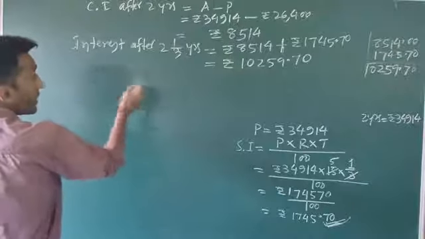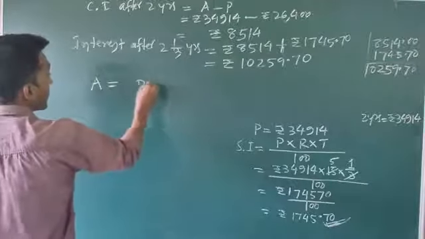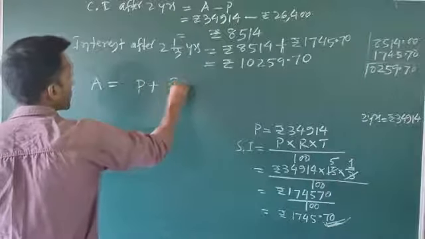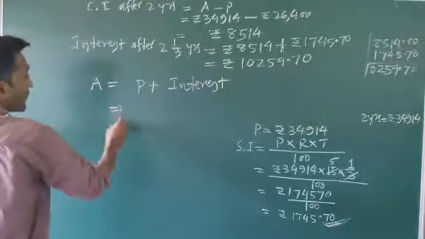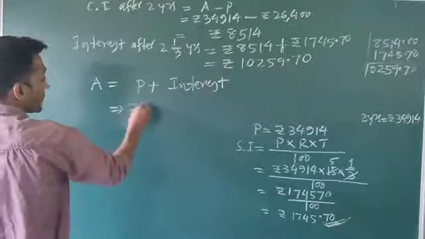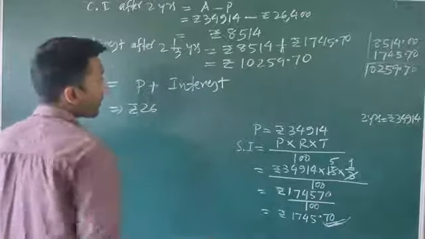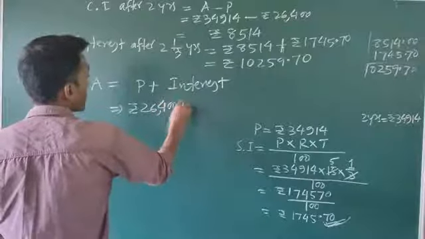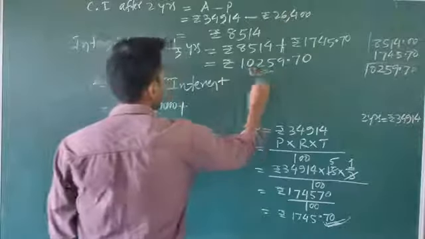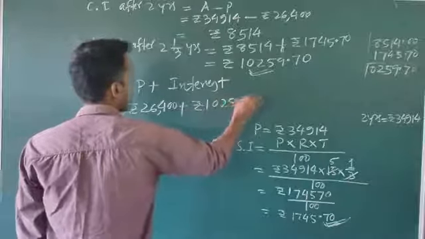So now we have to find the amount. Amount is equal to principal plus interest. Principal amount is rupees 26,400, plus total interest we get 10,259.70.